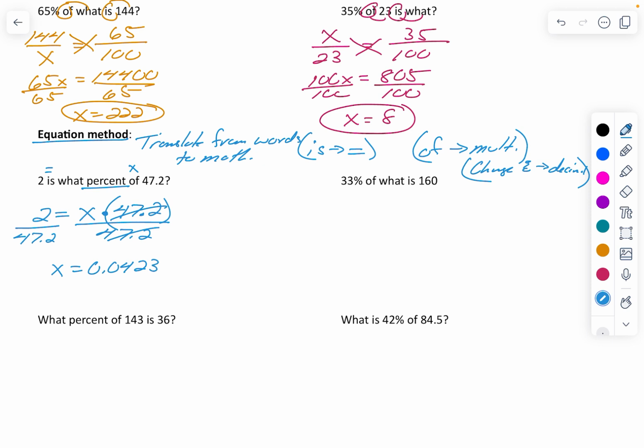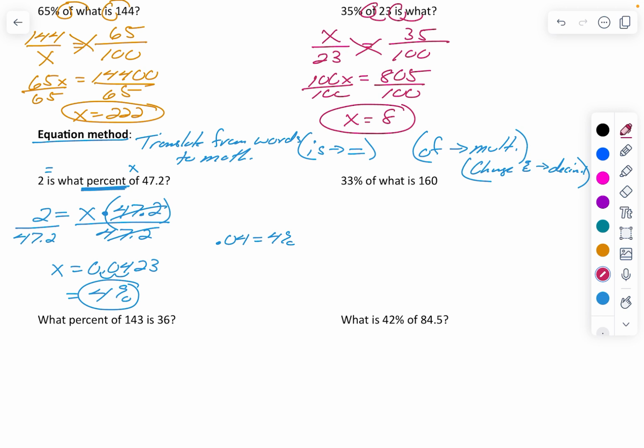Remember, these percent ones, that's why I underline the percent. This is when we need to turn that decimal into a percent. Rounding to the nearest whole percent, that's 4%, because the decimal moves 2 places to the right. In other words, 0.04 is equivalent to 4%.